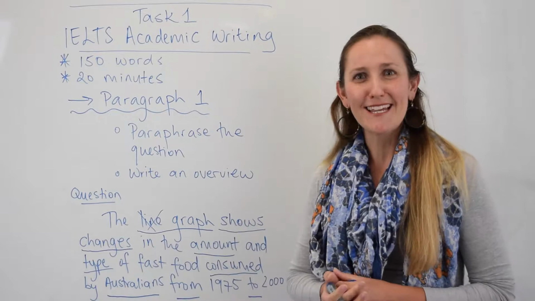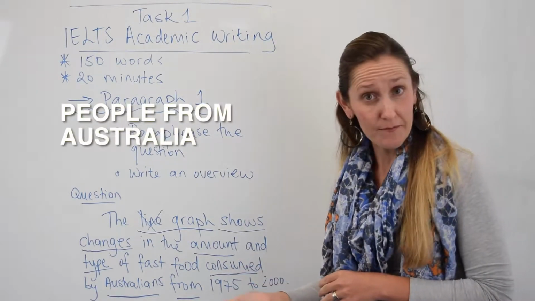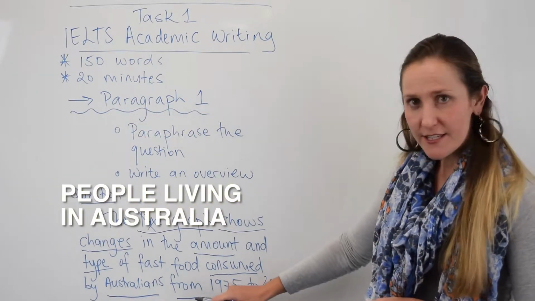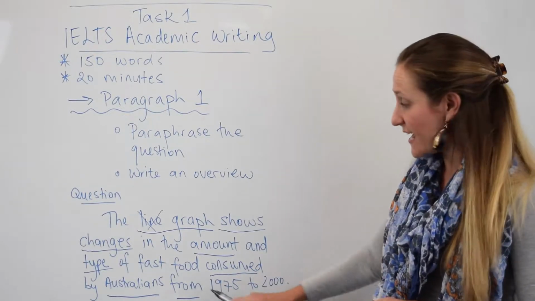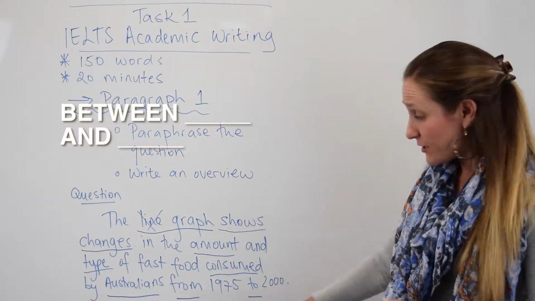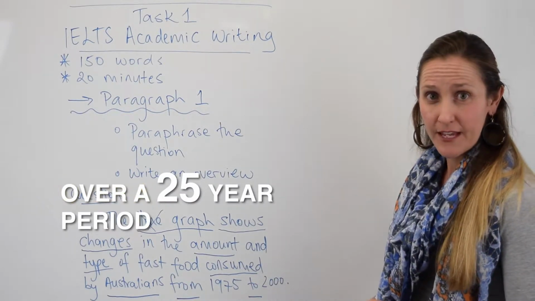So obviously a synonym for Australians is people from Australia or people living in Australia. And rather than saying from to, you can say between and or you can say over a 35-year period.